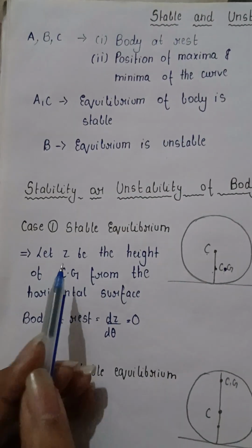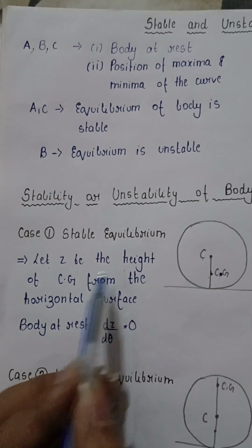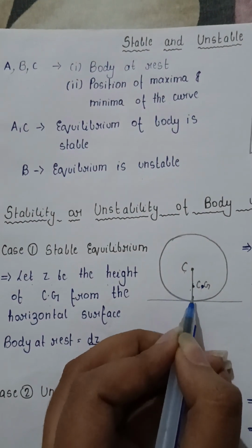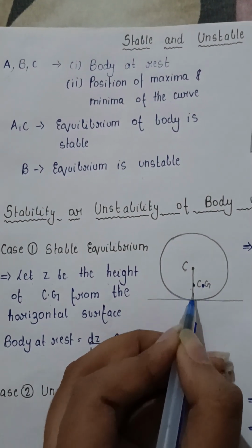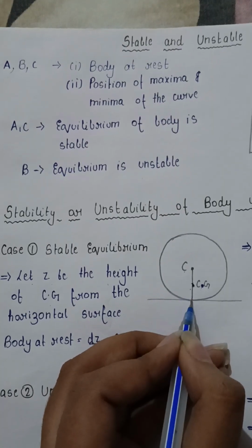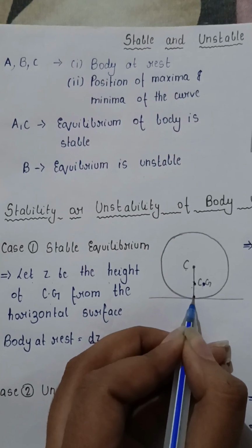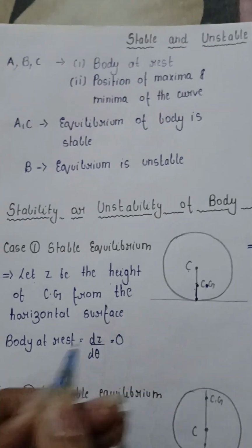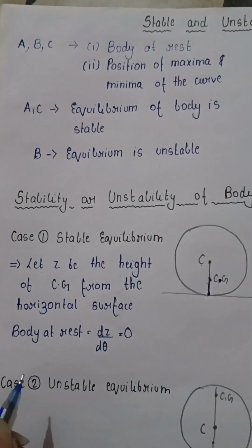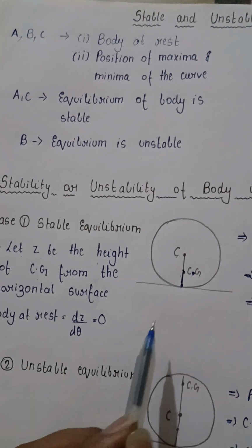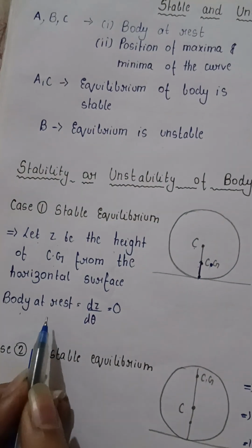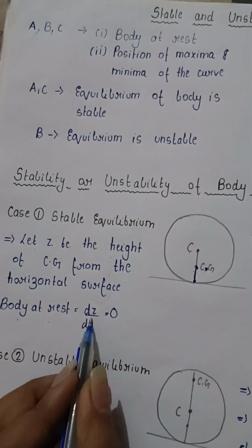So let Z be the height of the geometrical center from the point of contact. So this is, we have taken Z from the horizontal surface, and then the body will be at rest, that is dz upon d theta will be equal to 0.